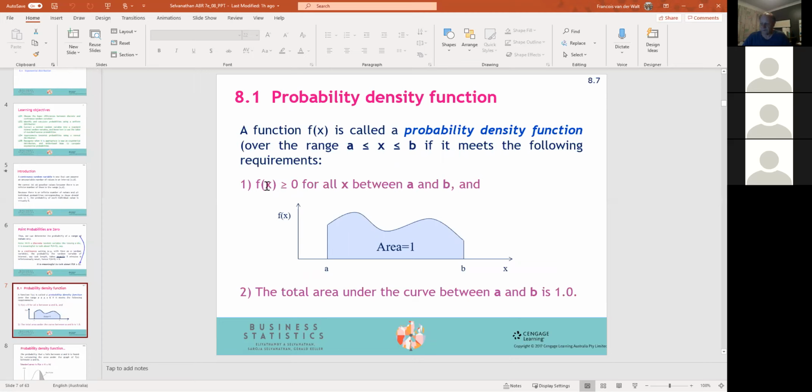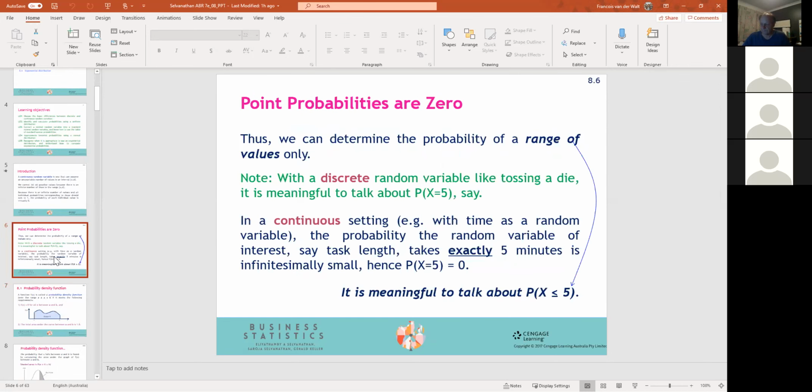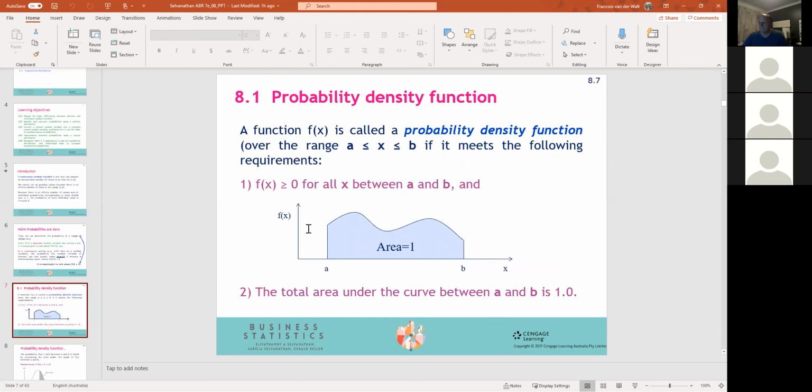So there you can see how we defined it. Okay, there is where we said it's 0. So the probability density function: we talk of a density function, any function where the whole area adds up to 1 can be a probability density function. The total area under the curve between A and B is 1.